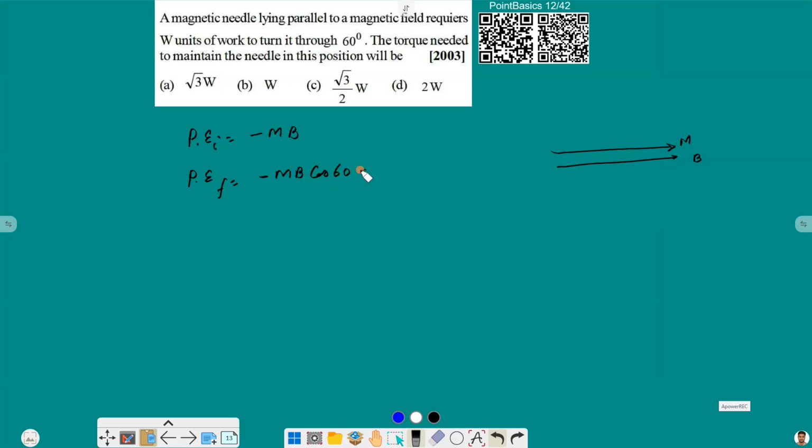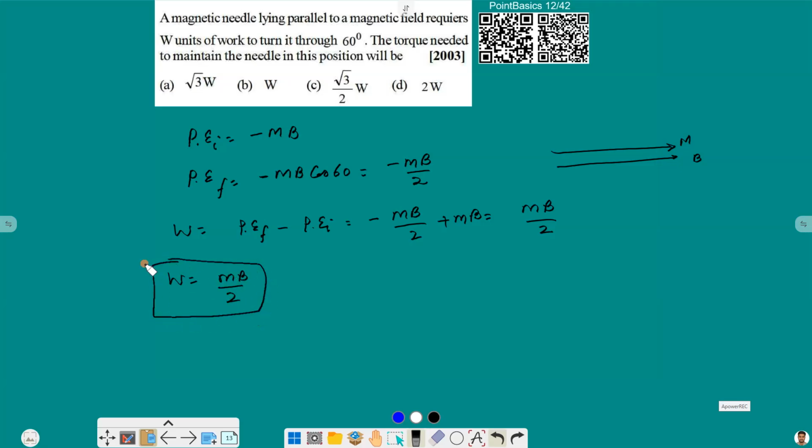Cos 60 is half, so it will be minus MB by 2. And the work done here will be the change in potential energy, final minus initial. So minus MB by 2, negative, negative, positive, plus MB. So it will be MB by 2. So it is given that W is equal to MB by 2.